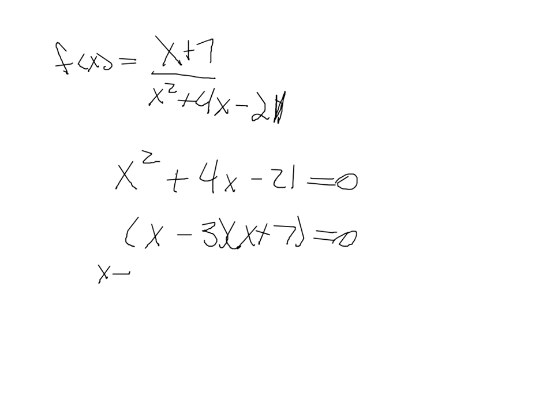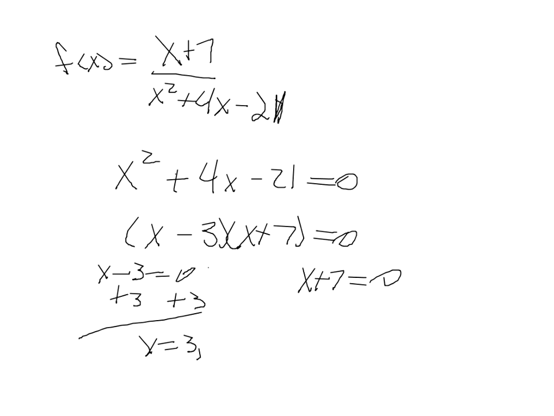So I take each factor and set it equal to 0, and I'm going to solve for x. So I get x equals 3 and minus 7. So x cannot be that. So my domain is x cannot be 3 and x cannot be minus 7. So these are my possible vertical asymptotes.